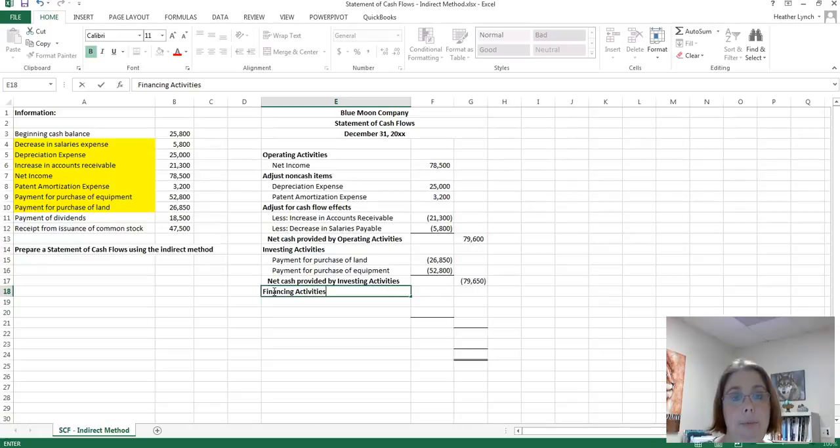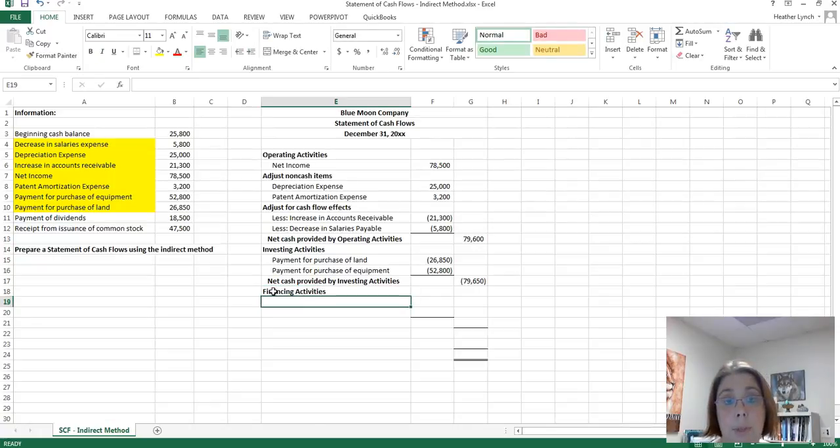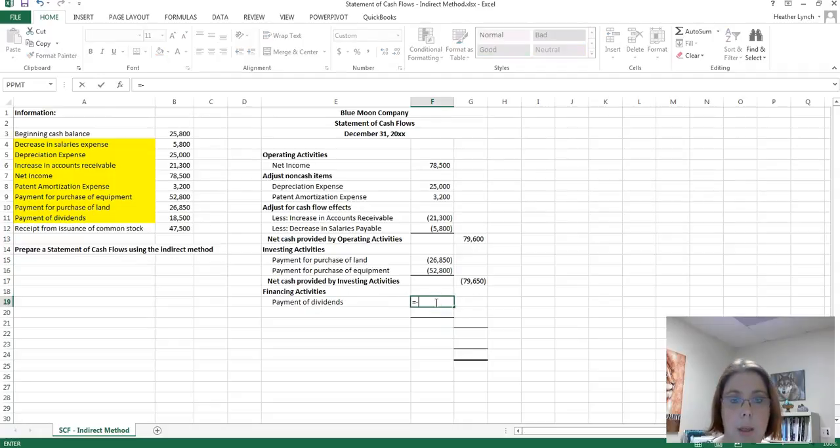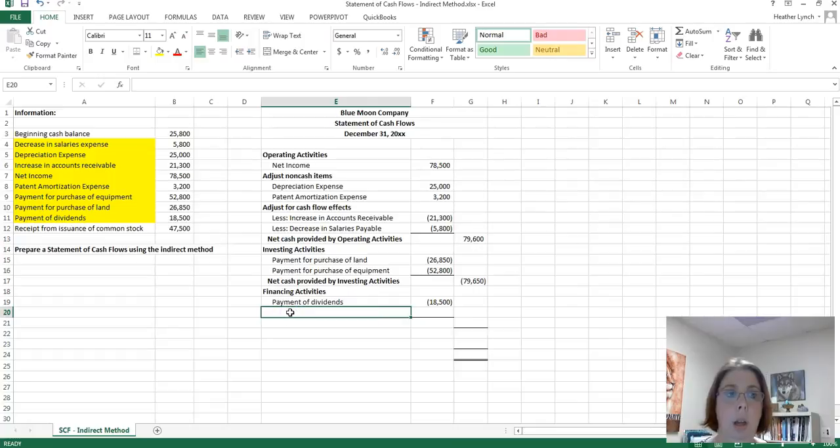financing activities. We have two things here. Payment of dividends. We're paying our shareholders. It's a payment, so it's a negative $18,500. Receipt from issuance of common stock.